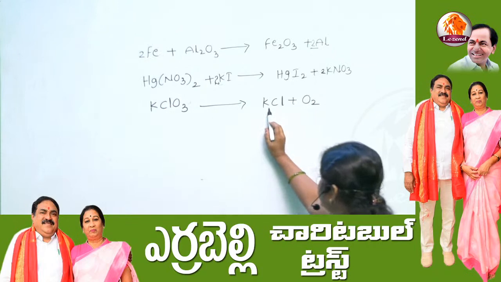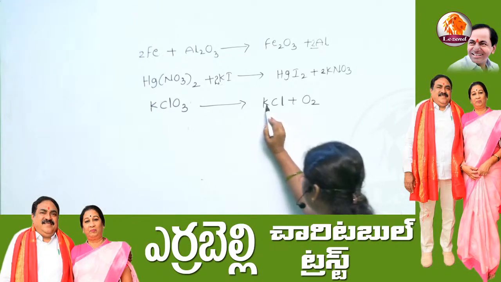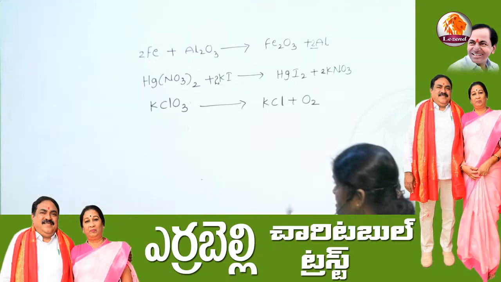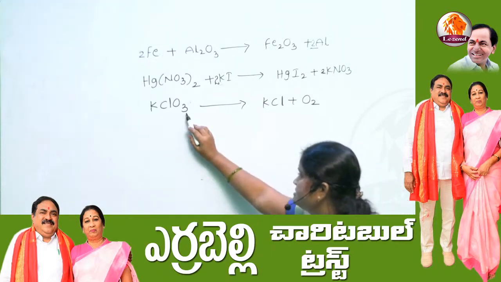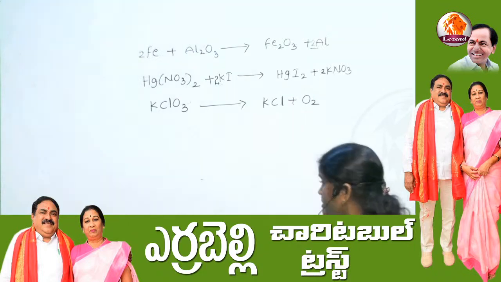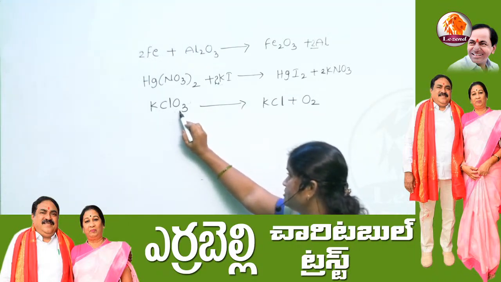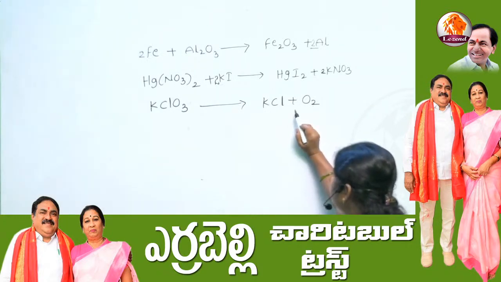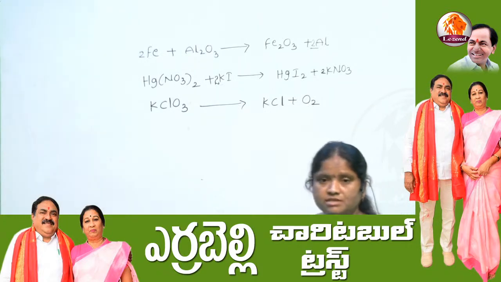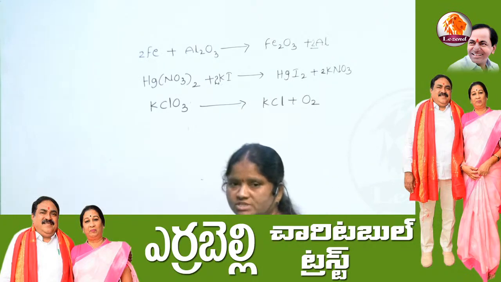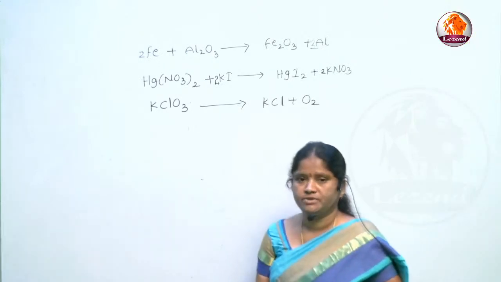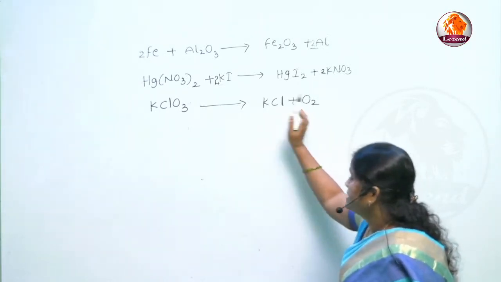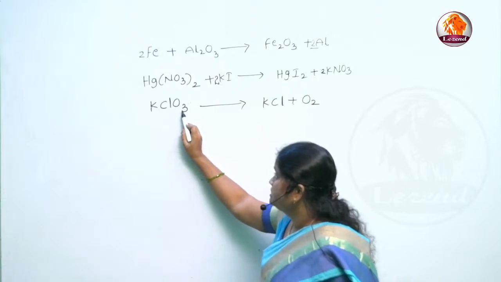On the right side also, potassium 1 atom, chlorine 1 atom. Here potassium and chlorine atoms are balanced on both sides, but the atoms of oxygen are unbalanced. On the left side, in potassium chlorate, we have 3 atoms of oxygen; on the right side we have 2 atoms of oxygen. To balance the oxygen atoms on both sides, what change do we need to make? Oxygen is O2 here, and in potassium chlorate it is O3.